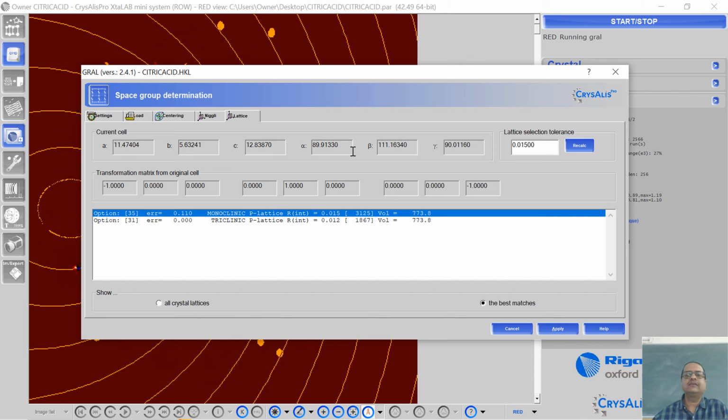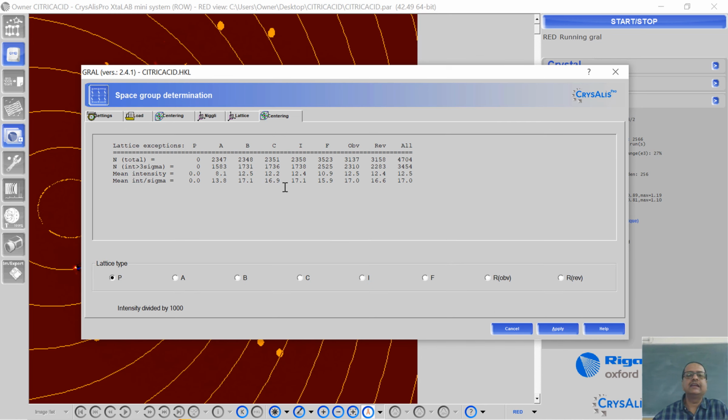So one should take the corresponding monoclinic unit cell. Here it gives you the R int which I was mentioning in the previous class. This is the R int 0.015. So 1.5% is the R int, right? So you apply that. So again you reconfirm that it is a primitive lattice.